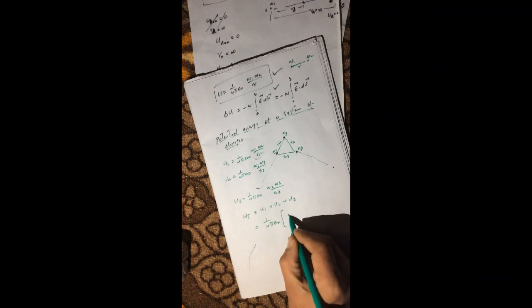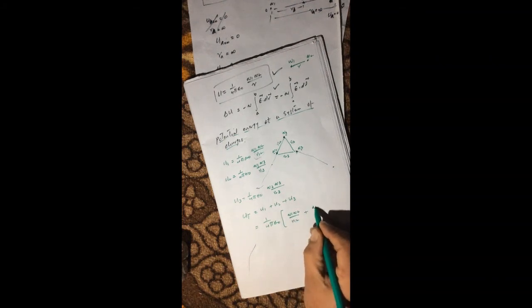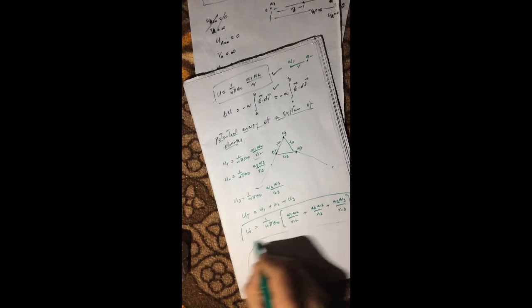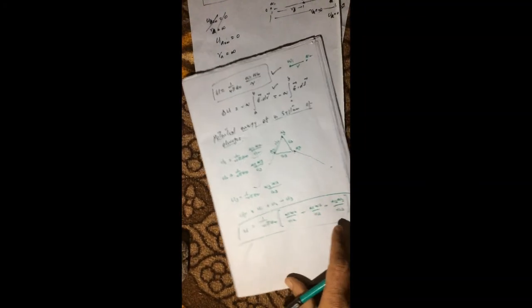So we have q1 q2 over r12 plus q1 q3 over r13 plus q2 q3 over r23. This is the potential energy due to three point charges. If we have more charges, we can apply this relation to them also, which I will discuss later.